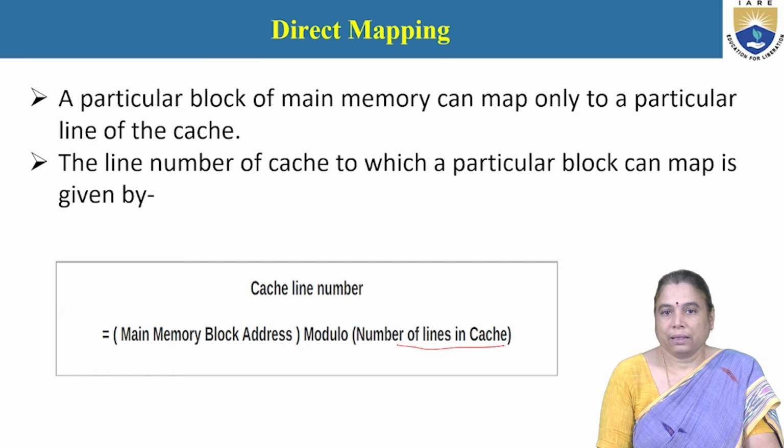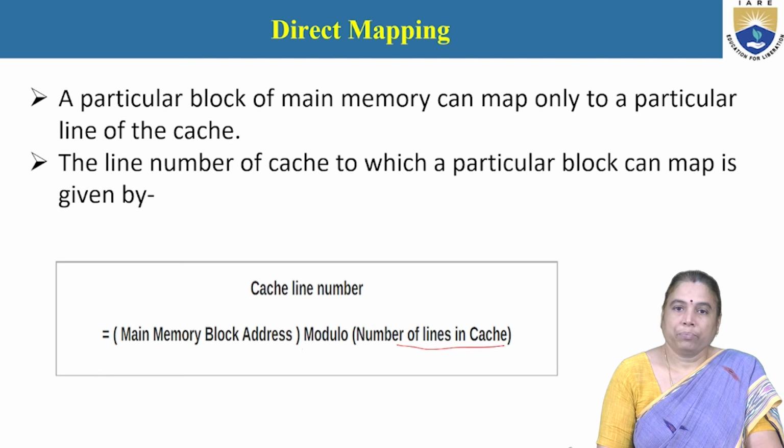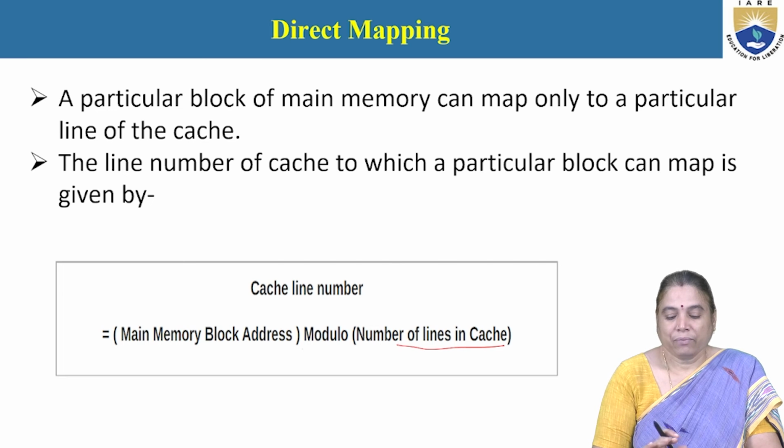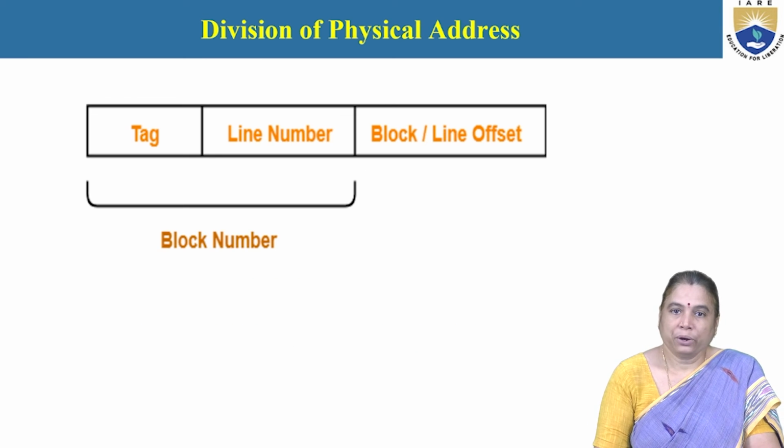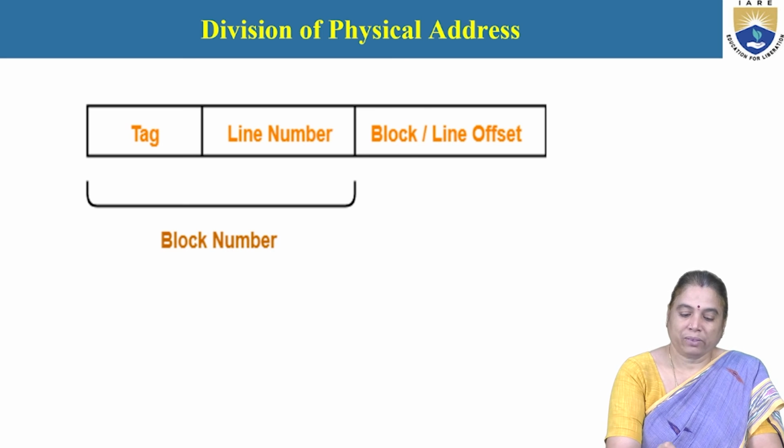With this, the line of the cache, which is the target location from the main memory, can be identified. So here the physical address is used to specify the tag and the line number. Both can be referred to as the block number.